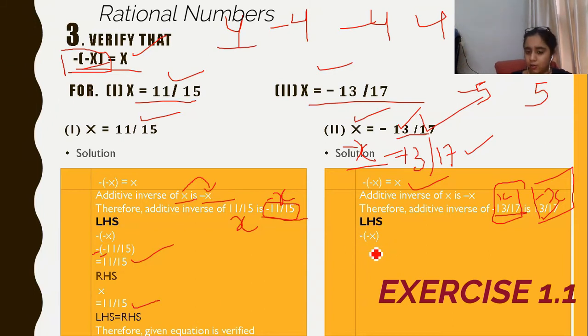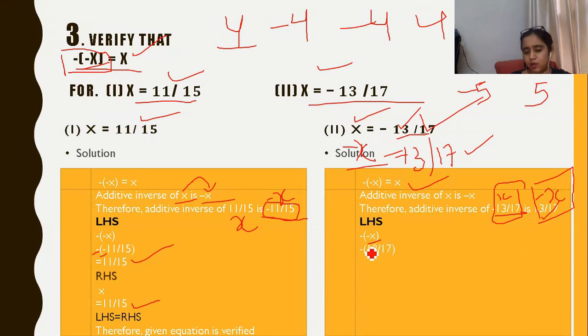Now I will put the value of minus x in this equation, and when I open this bracket, I will get the value of minus 13 upon 17. This minus sign will remain the same in the next step. So my left hand side is minus 13 upon 17.